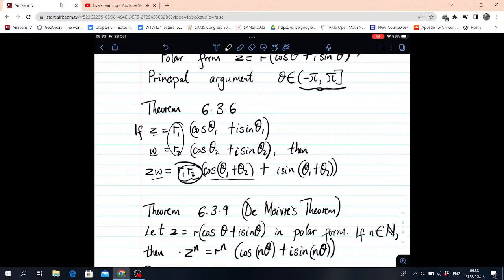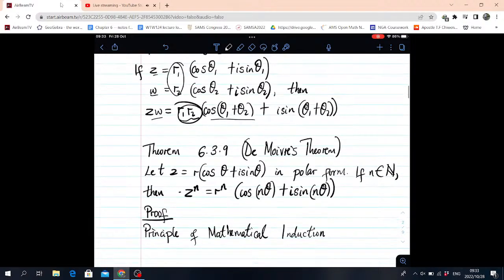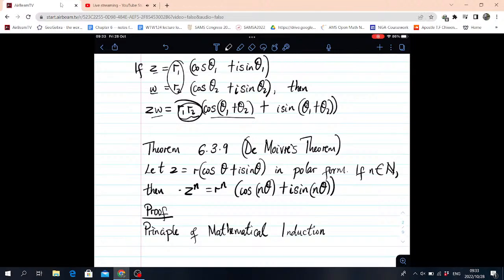So now we go on to the theorem that helps us to answer this question, to be able to calculate this relatively quickly. Maybe not quickly, but relatively quickly. And this is De Moivre's theorem, theorem 6.3.9 in the textbook.